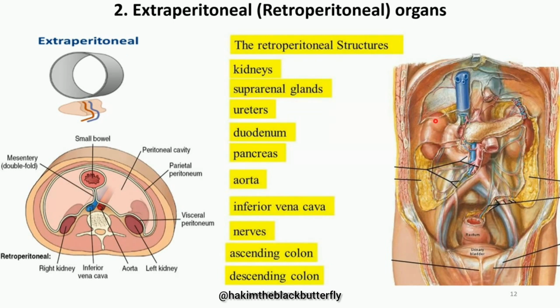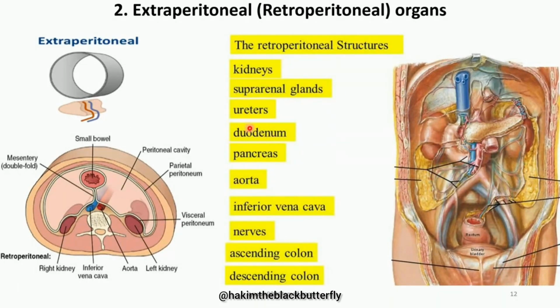We have the glands on top of the kidneys, the suprarenal glands or adrenal glands. The ureters come off from the kidneys, you can see the ureter there, and you can see it also here. They are behind the parietal peritoneum, lying close to the posterior abdominal wall.